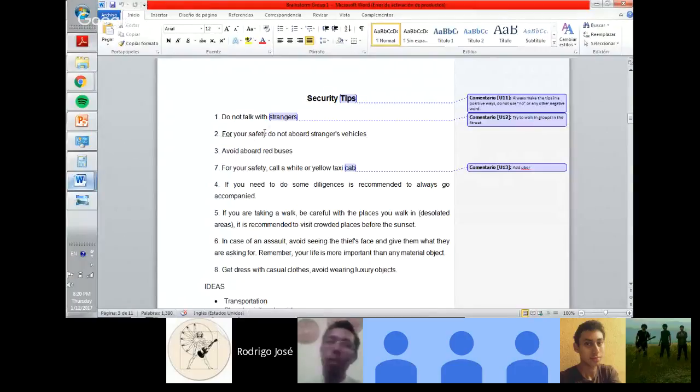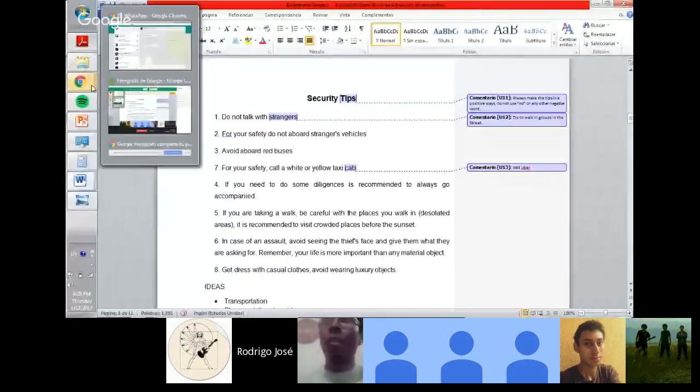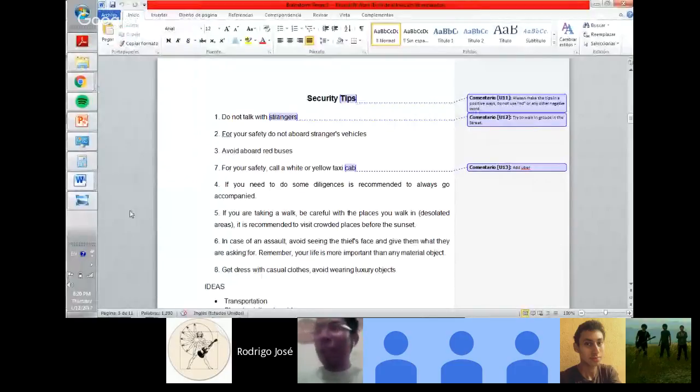Basically, we don't want you to die in this country, so just be careful. But we want to do it in a way that's not too scary for people, because Guatemala has a bad reputation, even though it is a really nice country.